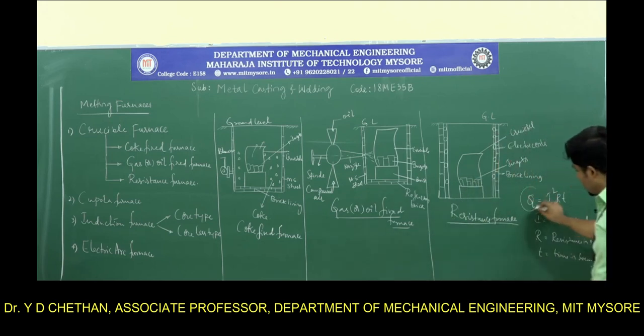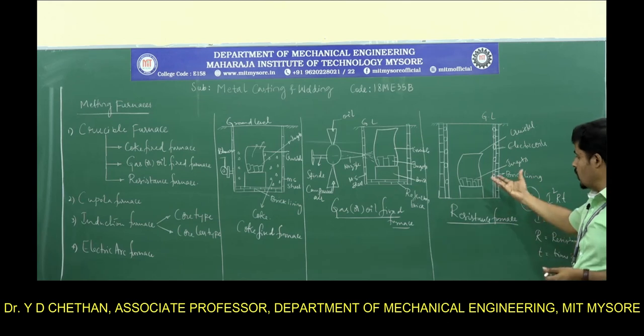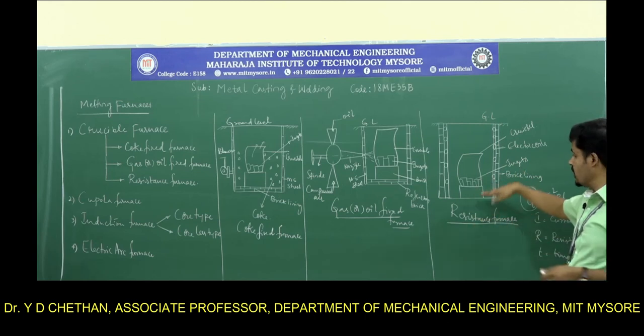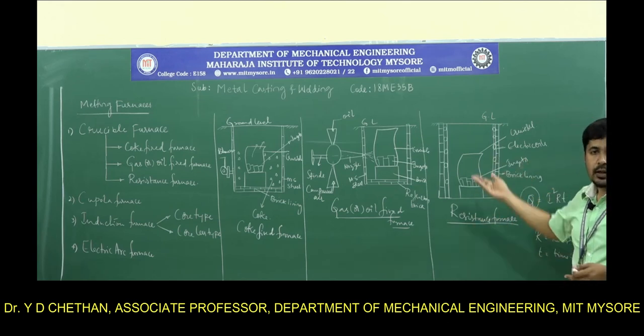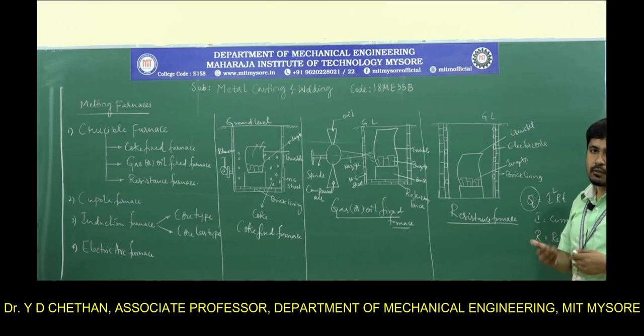This heat is supplied to the crucible, where the solid ingots, metal or alloys are converted into liquid state. That liquid metal is poured into the mold cavity so that we can get the cast of your choice.